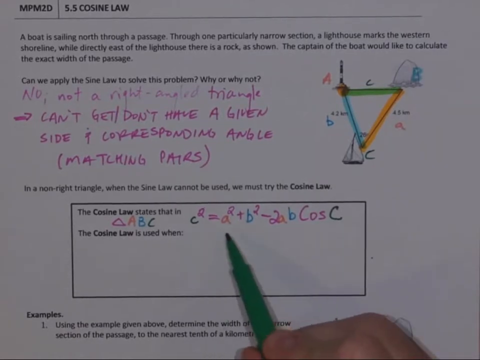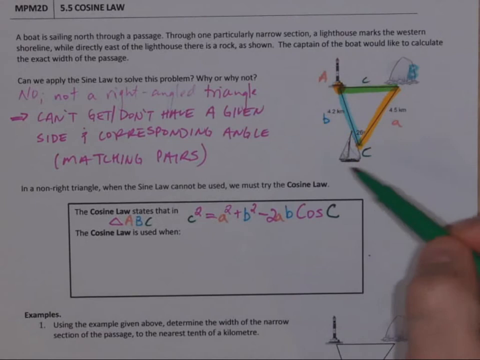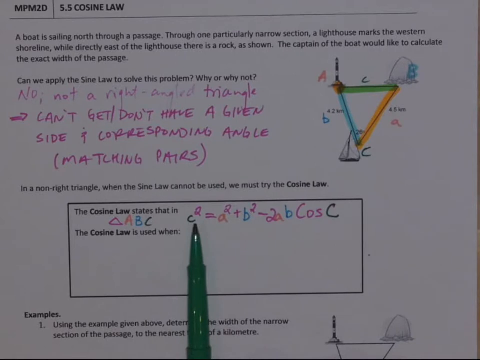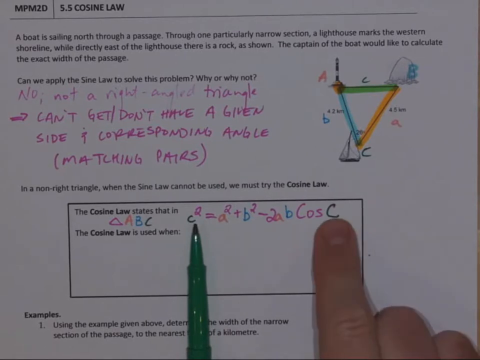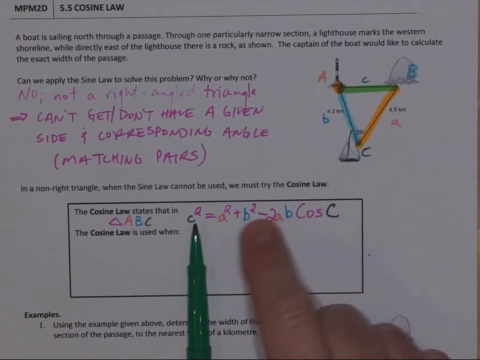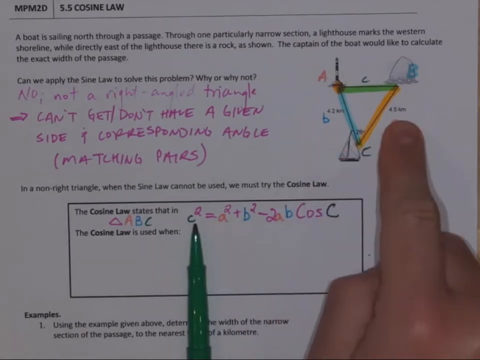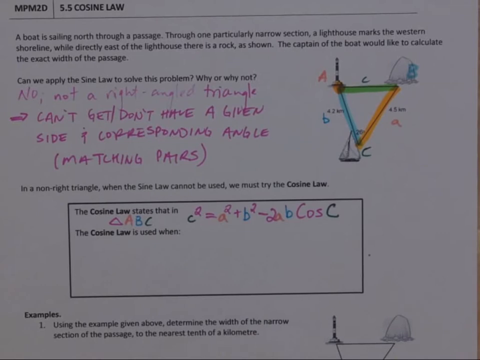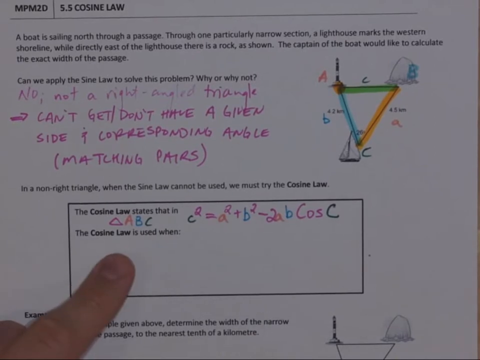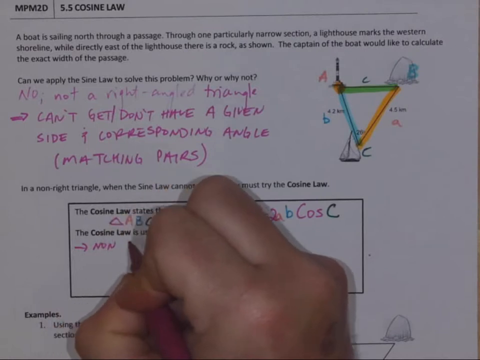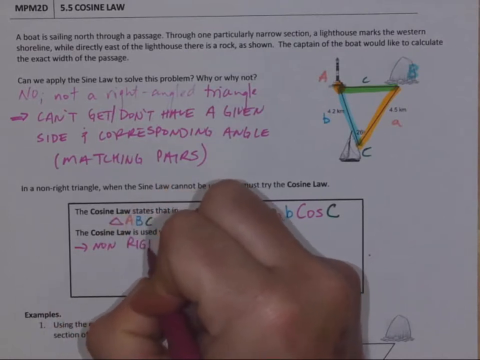Now, A, B, and C again depends how we label the triangle. No matter what, the side that we are trying to find, squared, is opposite its angle and the two sides that flank it. So we have in order side, angle, side. So when is it used? First thing, we're looking for a non-right angle triangle.